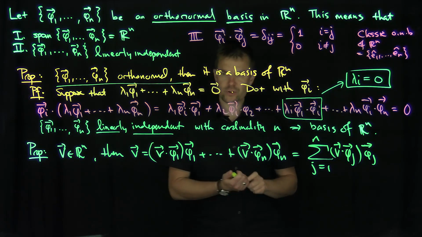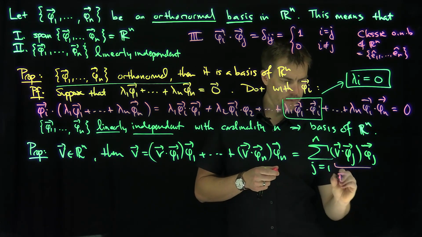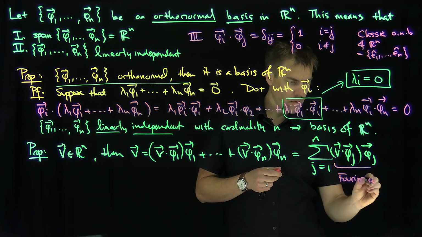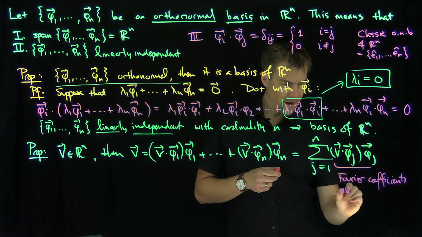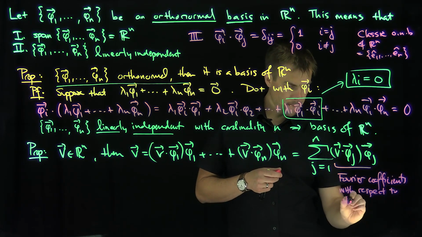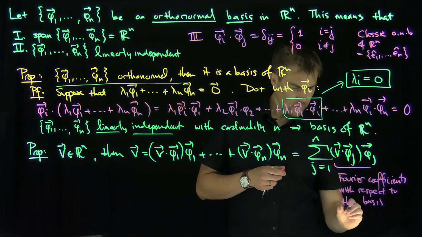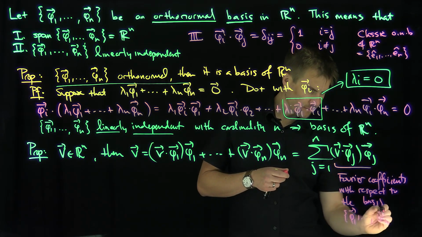Okay, so these coefficients over here are called the Fourier coefficients with respect to the basis phi 1 through phi n.